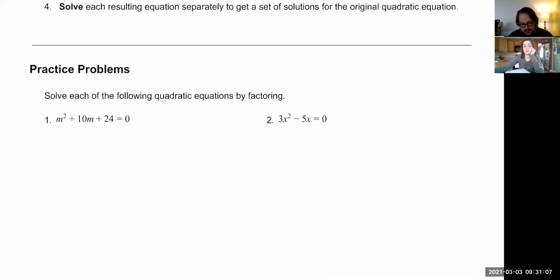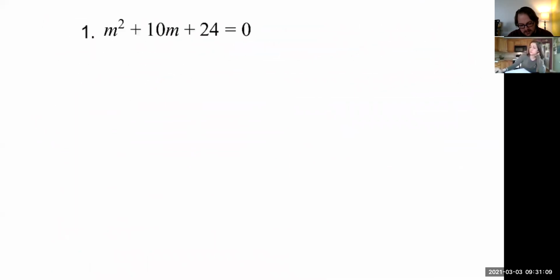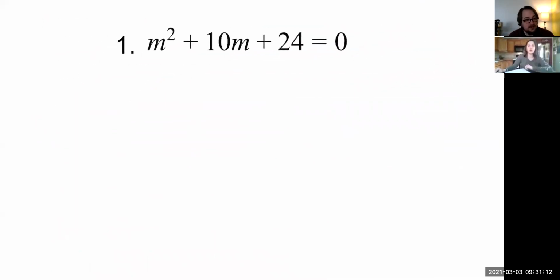So we're going to jump right into some practice problems. I'm going to cut everything else out there, give you guys a quick second to jot that down. Grab me a copy of the notes as well so I can read the steps exactly as they're written in our notes today.